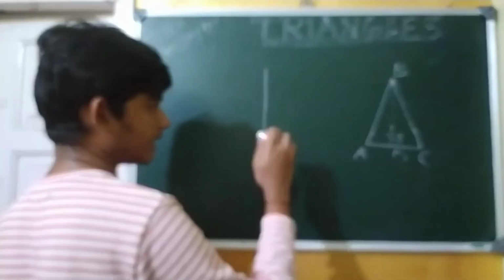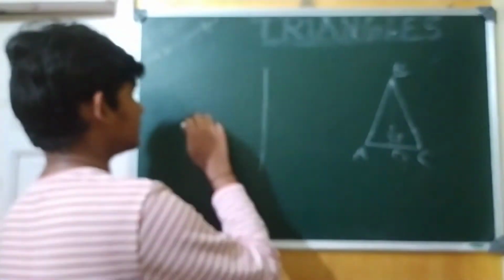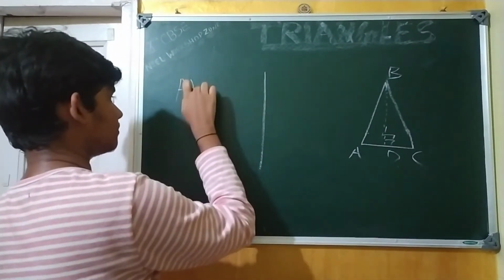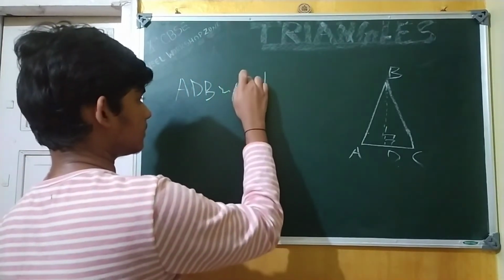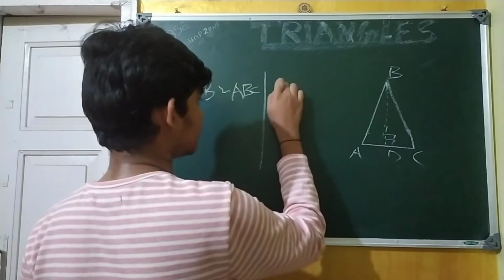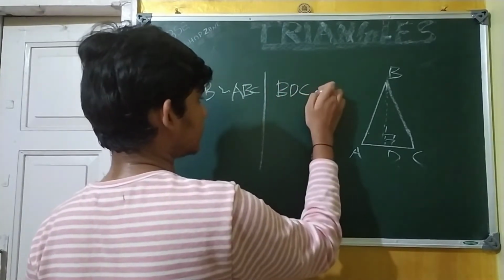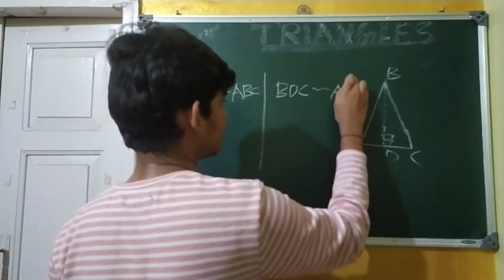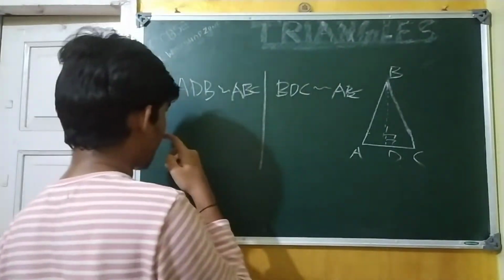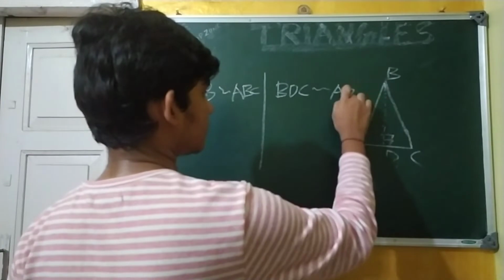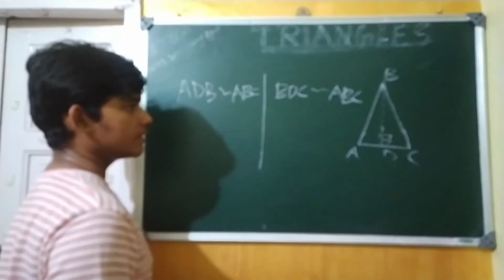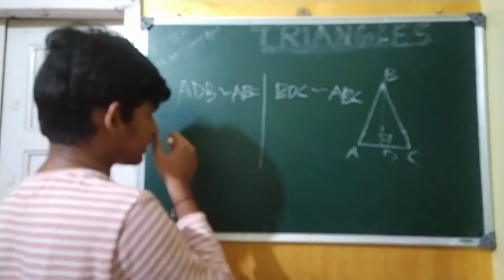Since, like I said, according to the theorem, they are similar, let's say ADB is similar to ABC and BDC is similar to ABC. Now that we have written the two similarities of the triangles, let's actually do something.